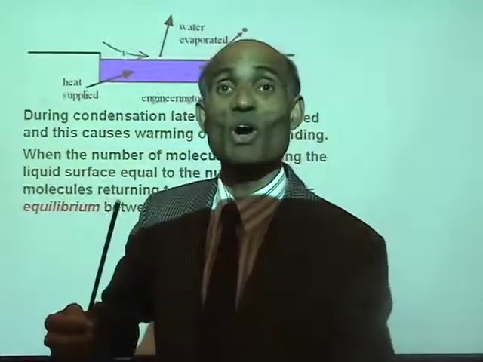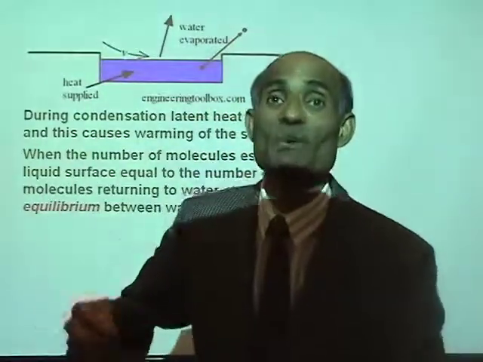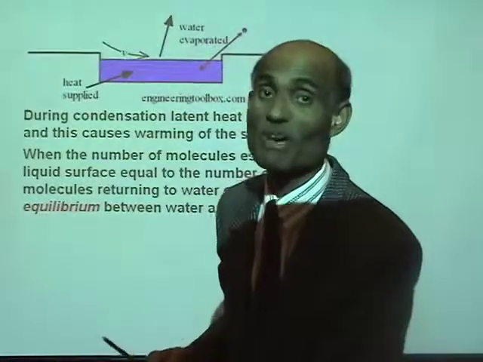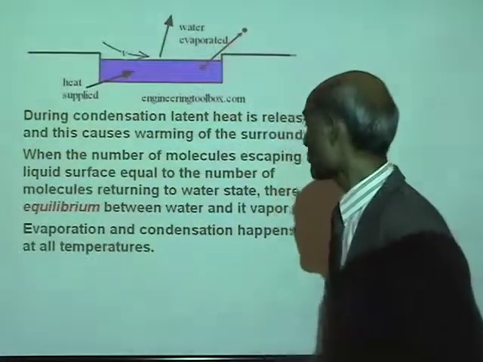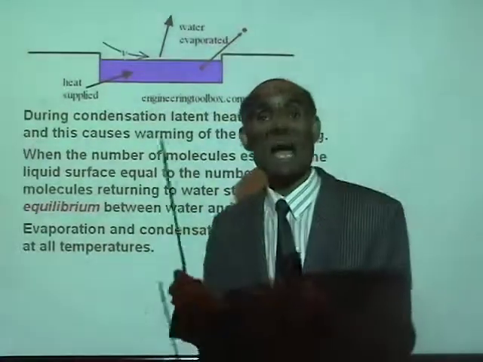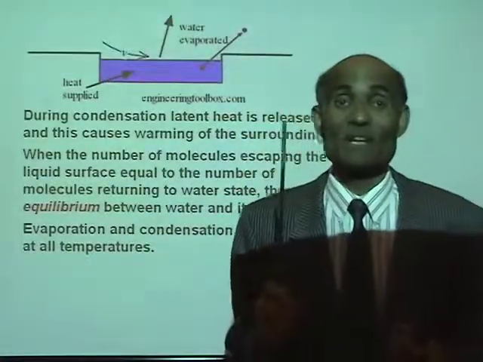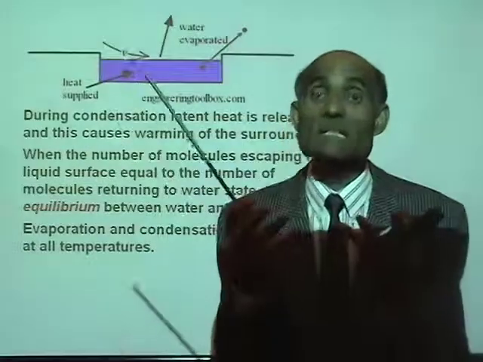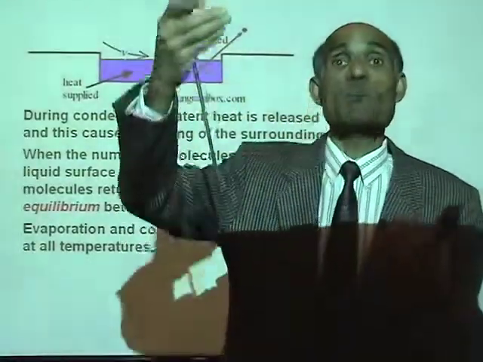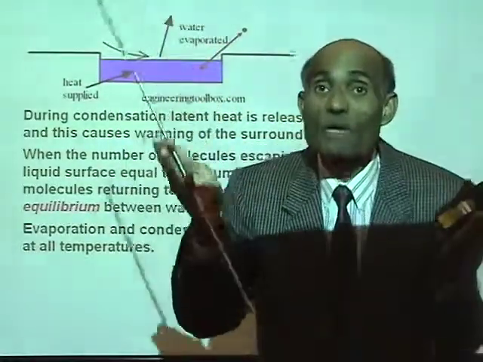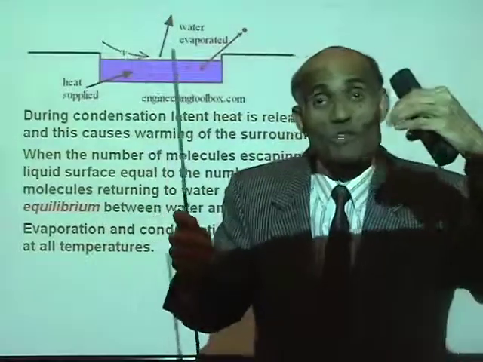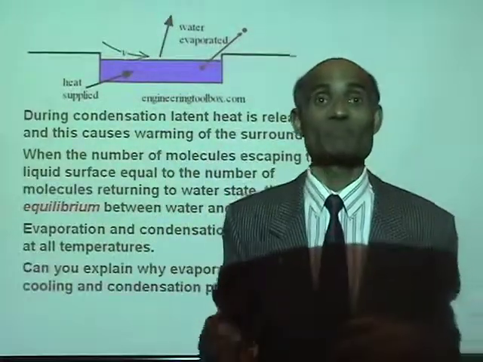That is what we call equilibrium between liquid and vapor. Evaporation and condensation happen at all temperatures. But if you supply heat, evaporation will dominate, and if you cool down the air, condensation will dominate.